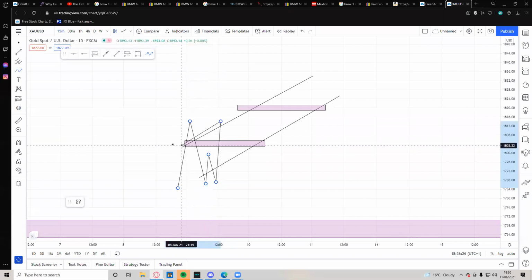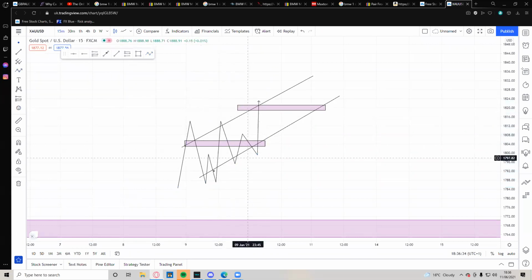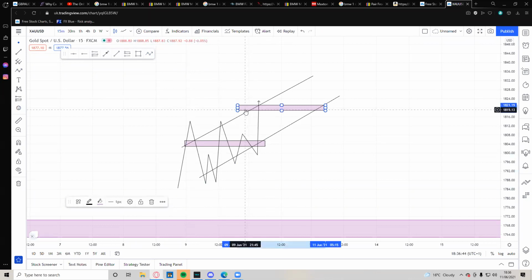There's no indication of where these levels are, but in previous times it respected this level. So this is where it becomes very hard to trade. Okay, in terms of it doesn't respect structure, it's not following your plan. Again, if something doesn't follow your plan, sit out. Wait for the market to be in the condition you want it to be in.